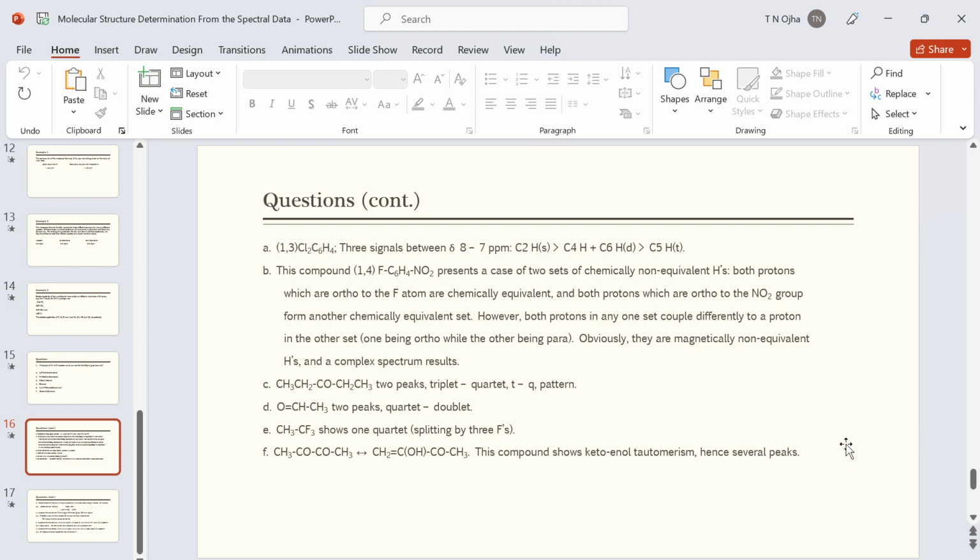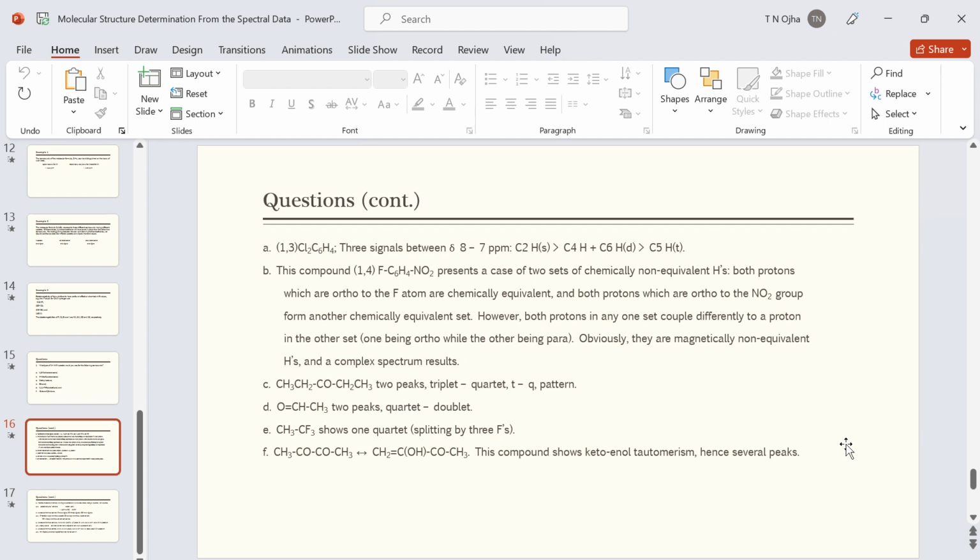In the case of diethyl ketone, we observe two signals, one for methyl, another for methylene, both split. The methyl signal is a triplet. The methylene signal is a quartet. In acetaldehyde, we observe two signals, a quartet for the aldehydic proton and a doublet for the methyl.